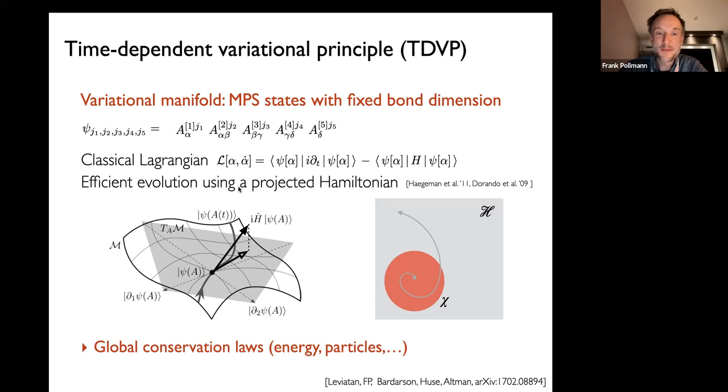In particular, we want to understand the dynamics of our Hamiltonian H, and let us project the Schrödinger equation into the manifold that is described by this matrix product state. And what we then get is roughly the following picture.